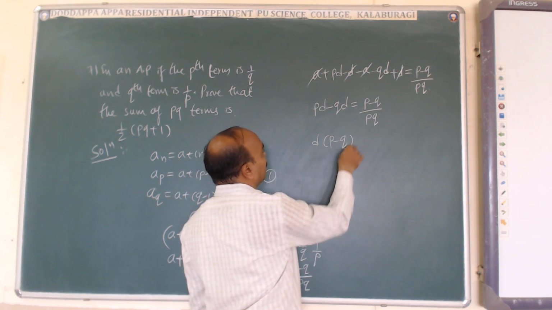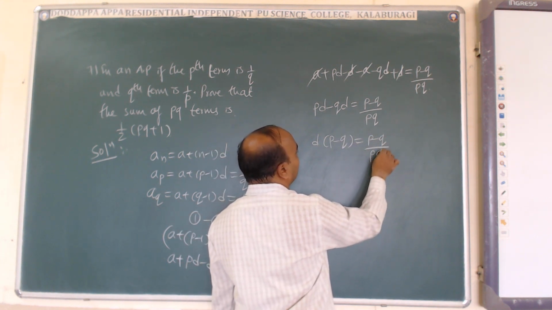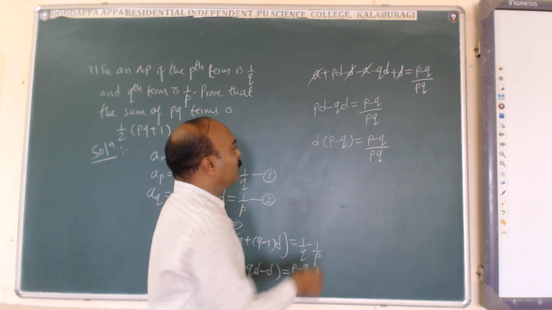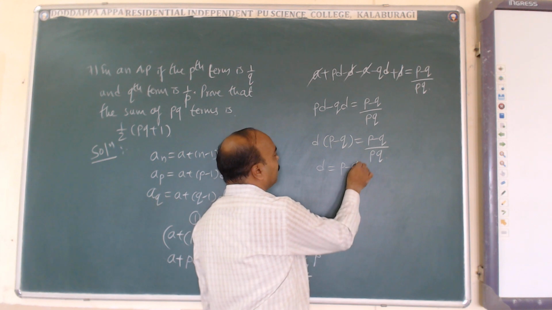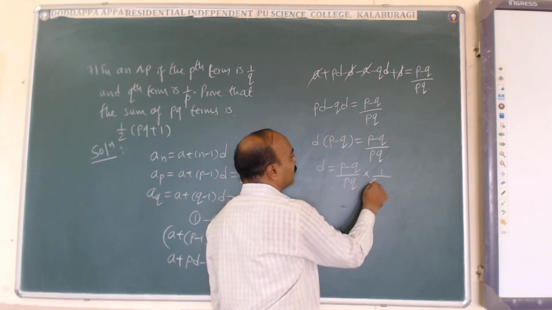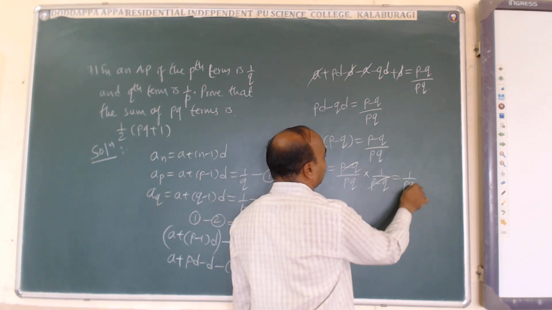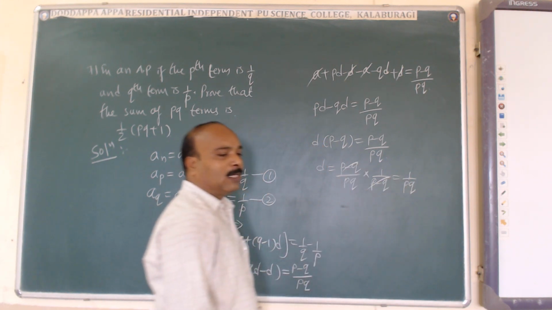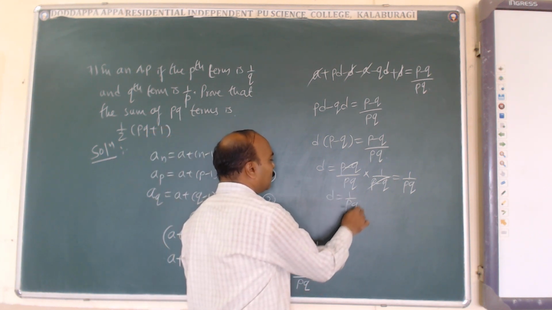We get d times p minus q equal to p minus q divided by pq. Therefore d equals what? It is p minus q by pq. Taking this to the other side, it is 1 by p minus q. This is cancelled, it is 1 by pq. So this is the value of d. Therefore d equals 1 by pq.